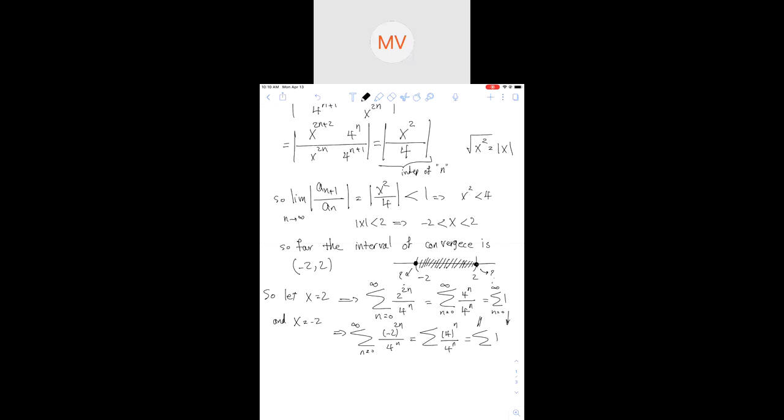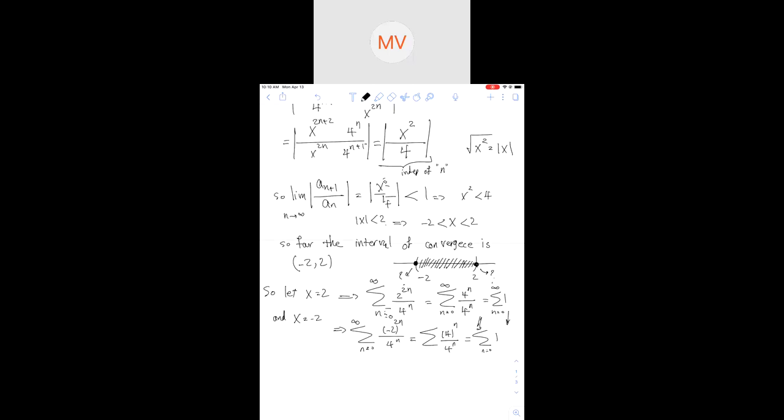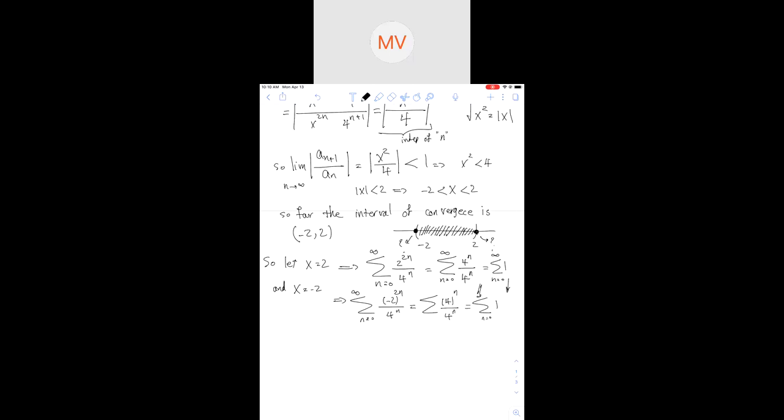But the question is, do they converge or do they diverge? The summation of 1 from 0 to infinity diverges, right? Because in this series, let me write b sub n, b sub n is 1, of course not 0, so by the nth term test it diverges.